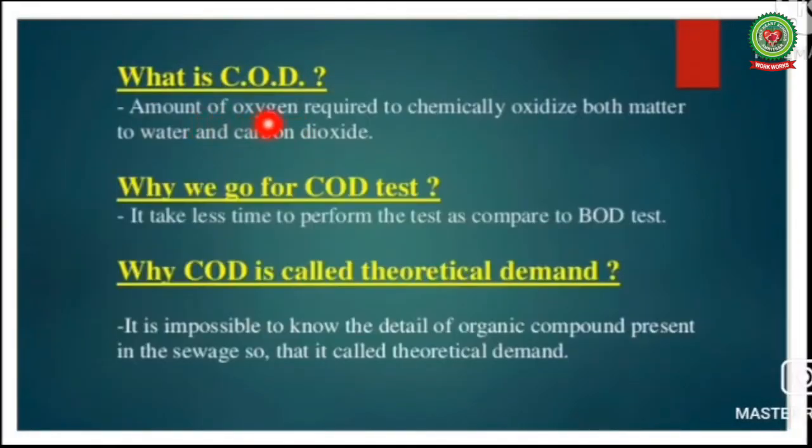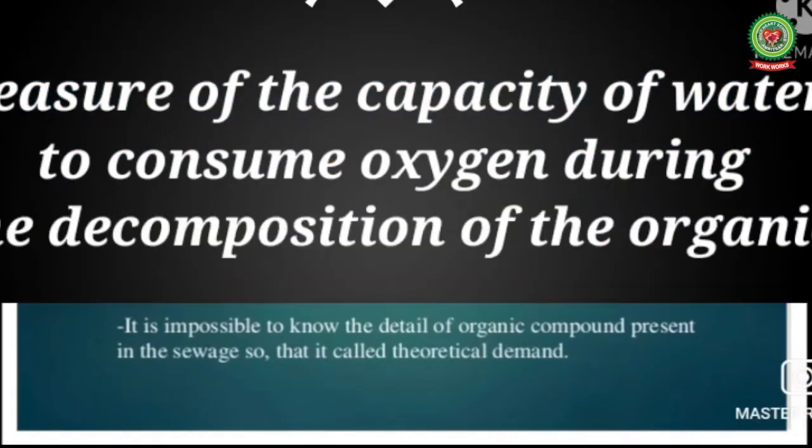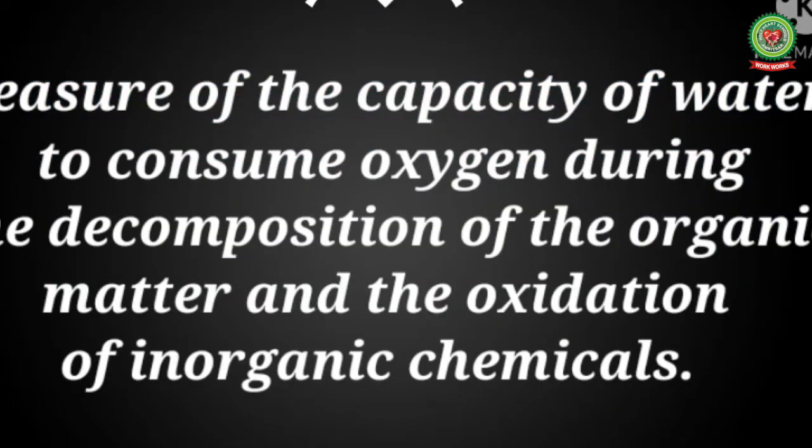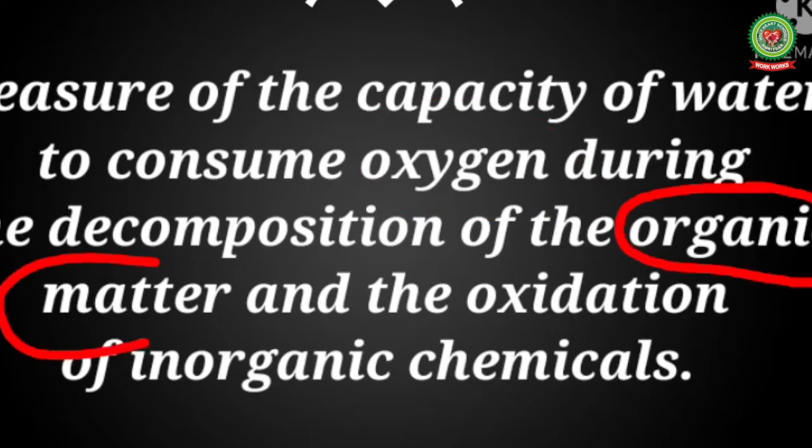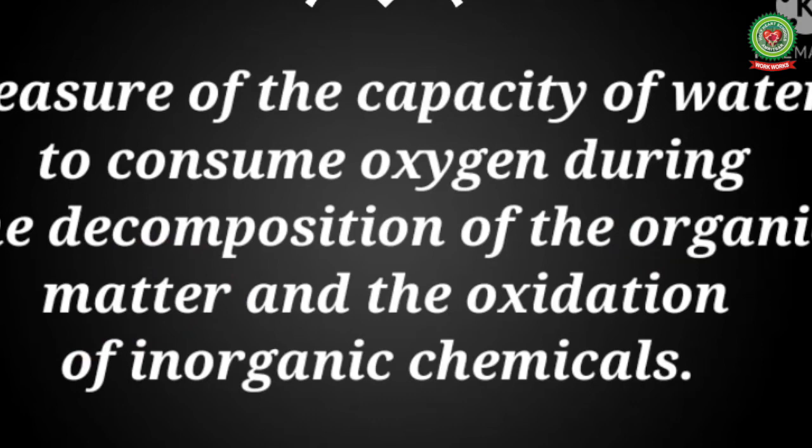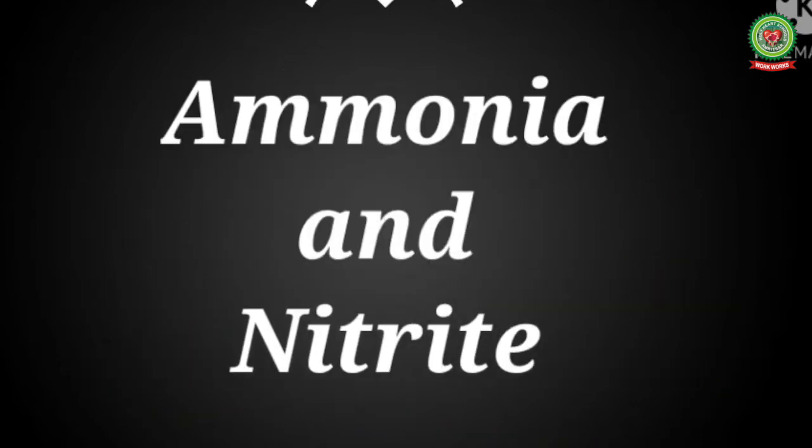That is the amount of oxygen required to chemically oxidize organic matter to water and carbon dioxide. That is, it is a measure of the capacity of water to consume oxygen during the decomposition of organic matter and the oxidation of inorganic chemicals such as ammonia and nitrite.